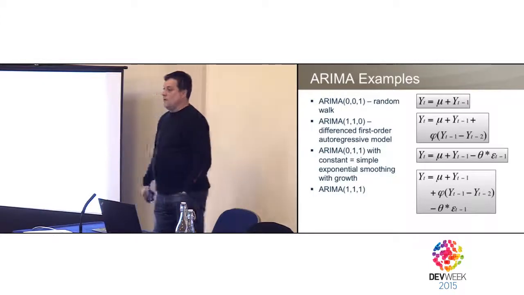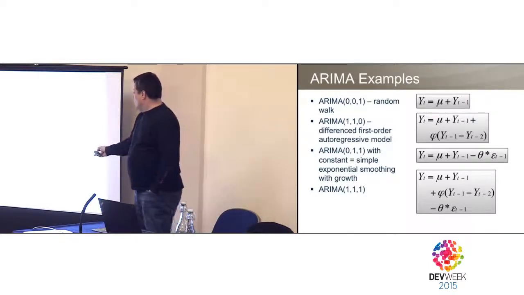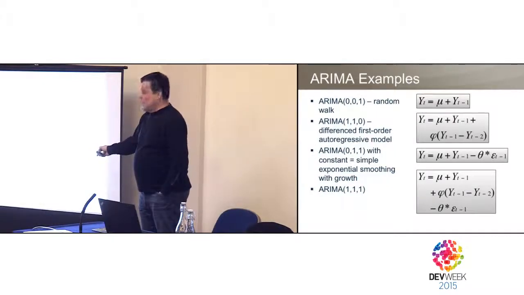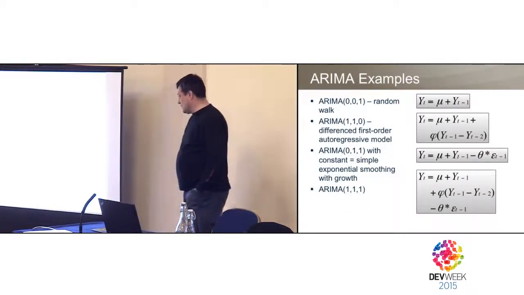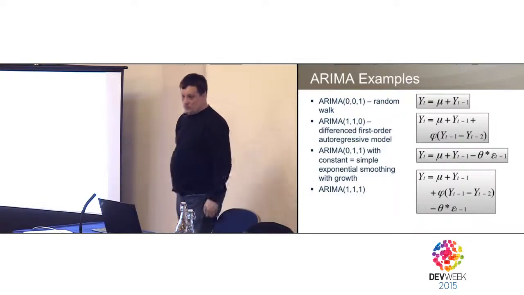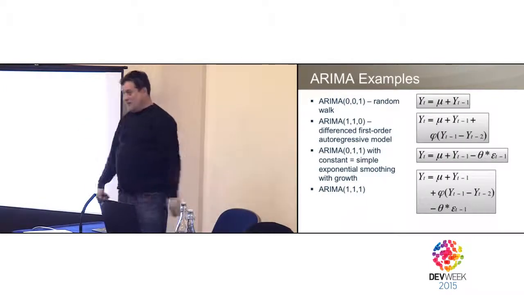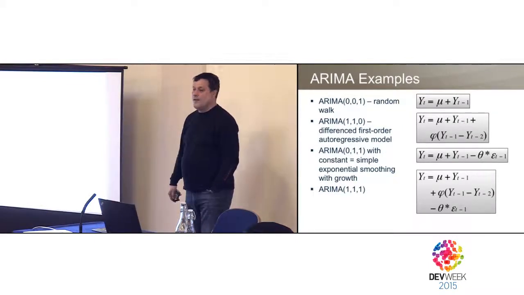So it's a first order autoregressive model. Constant growth with errors, removing all of the seasonality and cycles, and so on. And then we have multiple ways of expressing this, and of course we have an enormous number of combinations and we don't have specific names.